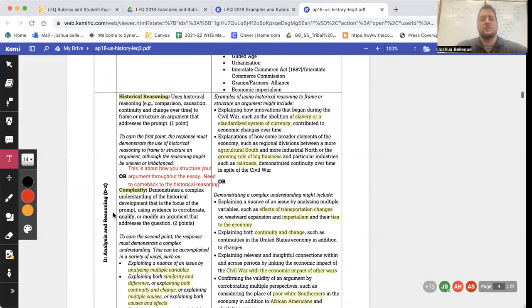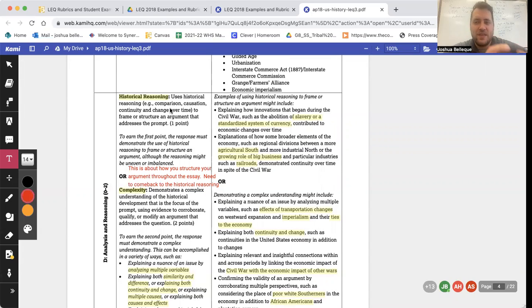Then we also have our historical reasoning skills. This is a new one that's different from the DBQ. What you're doing here is making sure that your essay is structured in a way that answers the comparison, or causation, or continuity and change.